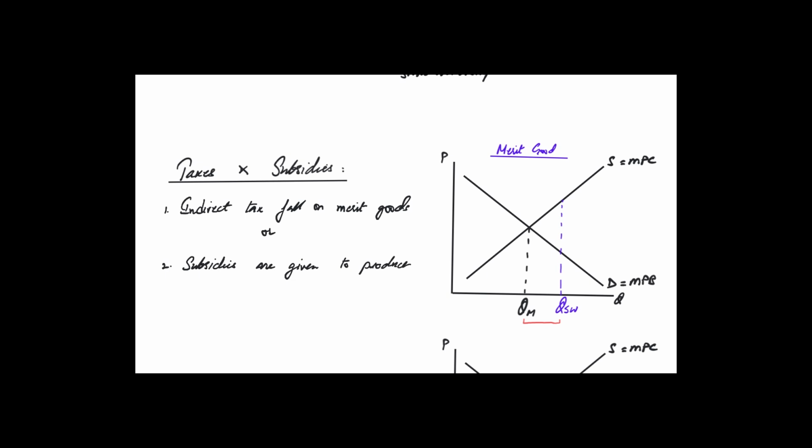What will happen in both cases? Well, in both cases the supply is going to increase. So, if supply increases and shifts to the right like this, my equilibrium moves from point A to point B right here, and as a result, my social welfare quantity is achieved. Prices have gone down, quantity demanded has increased for these goods.